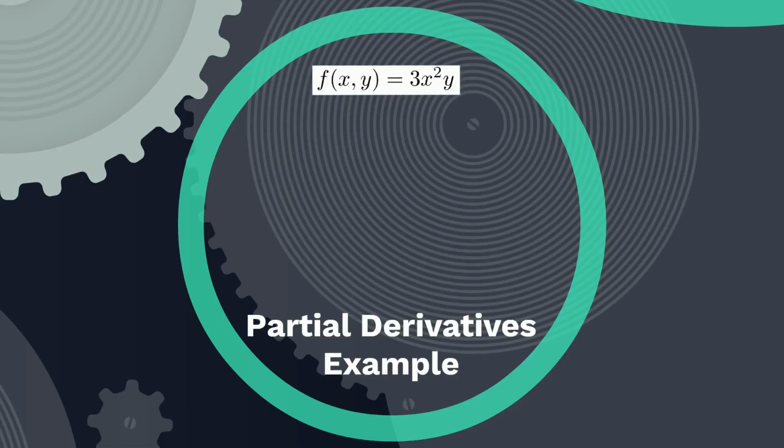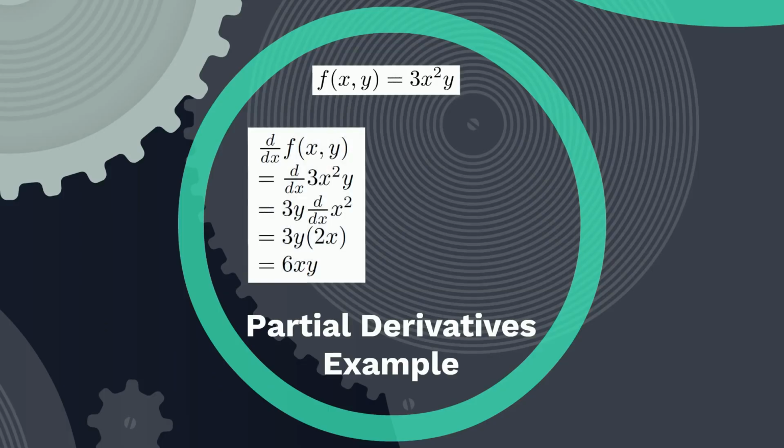If we have the function f of x and y is equal to 3x squared y, we're going to have to use partial derivatives. So to start, we can take the partial of f of xy with respect to x. And when we're taking the partial with respect to x, what we are going to do is treat the y variable as a constant. So this is now just a coefficient, and it's going to follow all of the same rules that we just talked about.